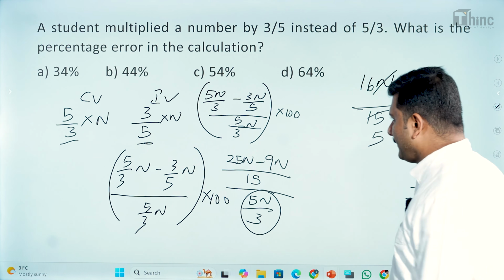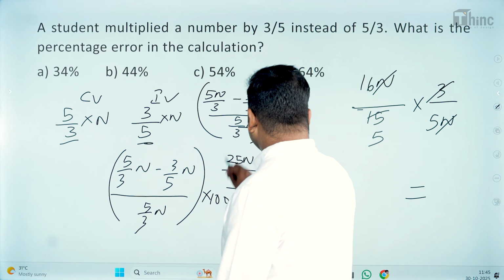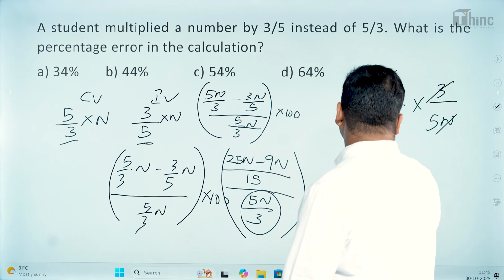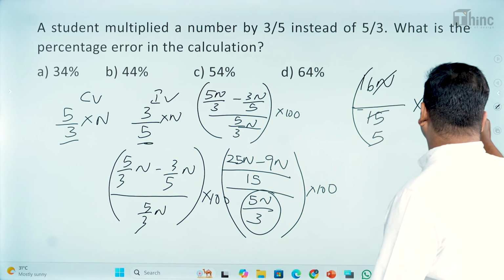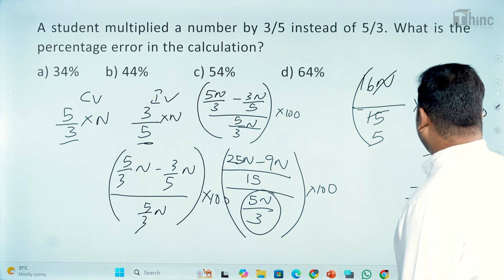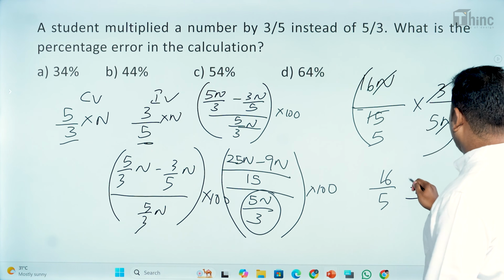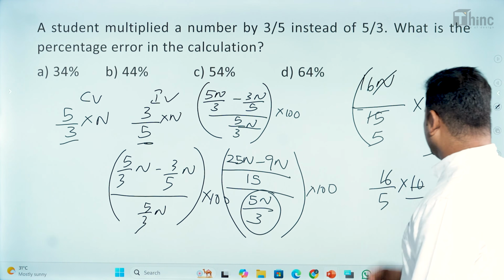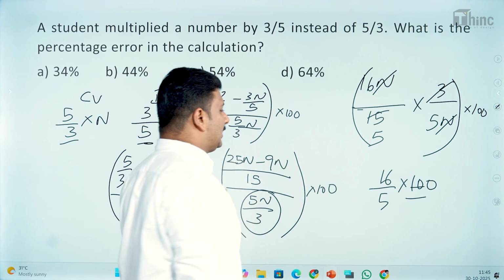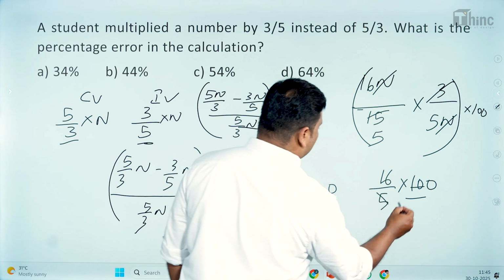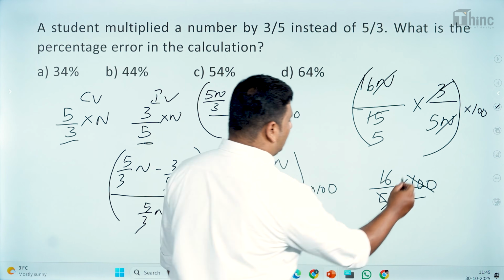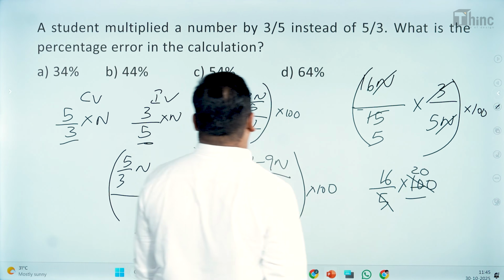16 by 5. So we have a 100 also on the right, correct? So this is basically this into 100. So finally what will we get? 16 by 5 multiplied by 100 is what we are getting. So what is 16 by 5 multiplied by 100? We can cancel 5 and 100 off, so we'll get nothing but 20.